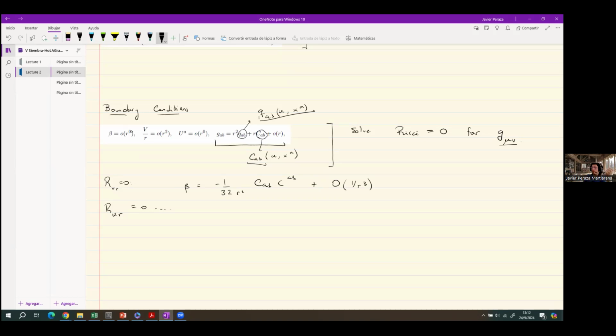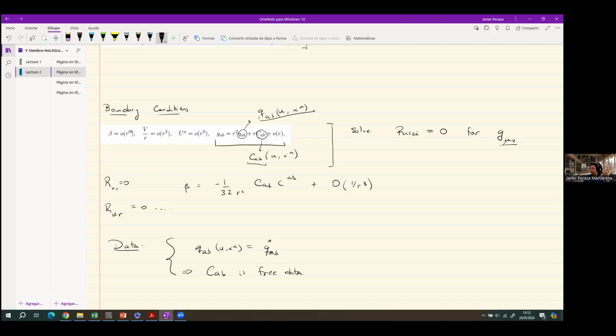One possible approach is to say Q_AB is always the round metric on the sphere. So we fix the metric at null infinity to be the round metric, and therefore C_AB is free data, as a function of U and x^A.